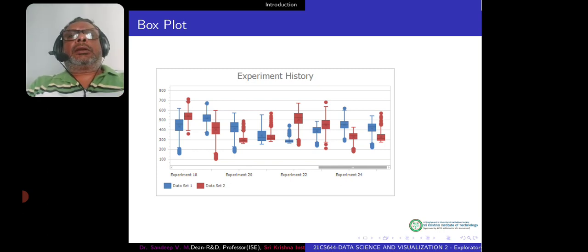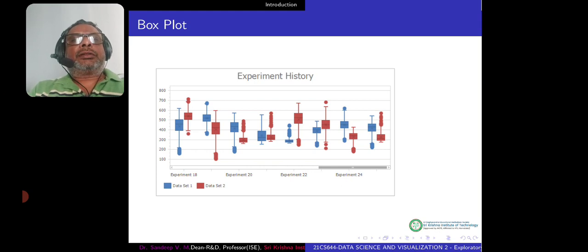The other important plot is a box plot. Here, each color represents different data sets. Here we are talking about 2 data sets: data set 1 represented in blue, data set 2 represented in red.